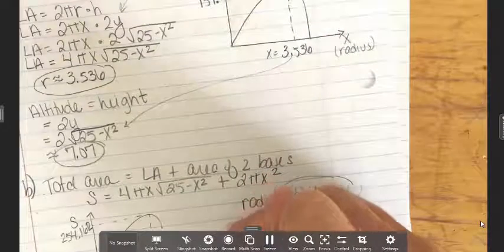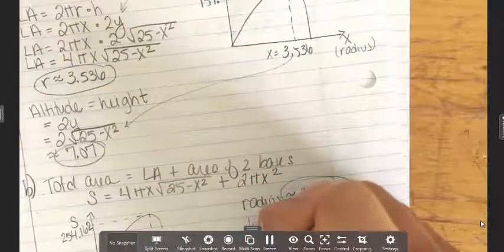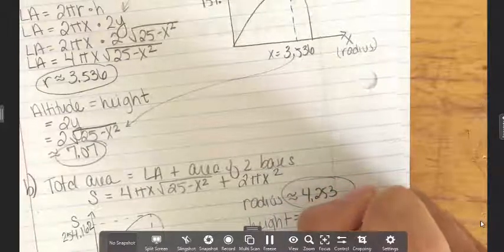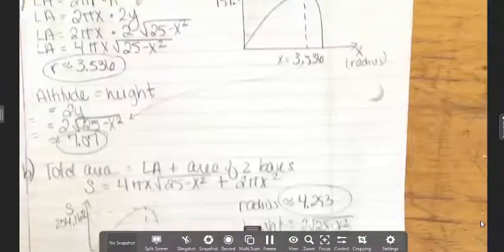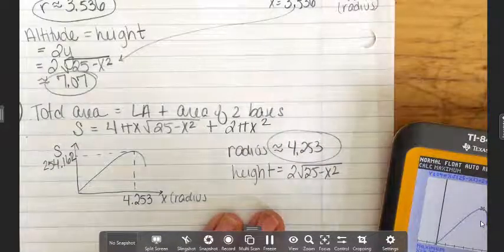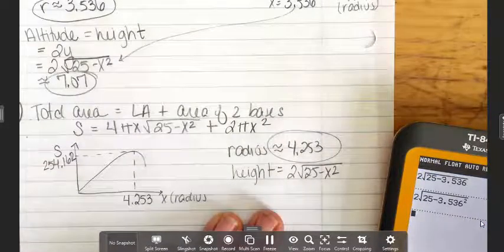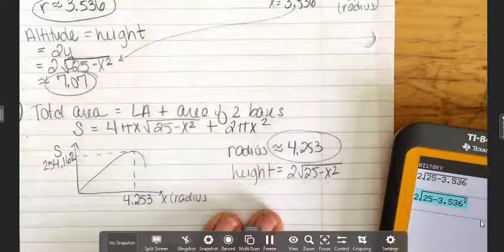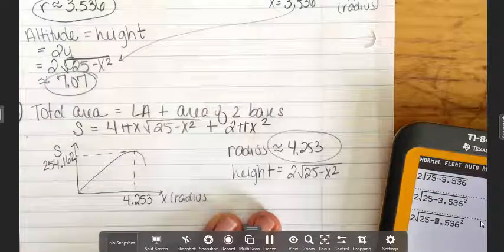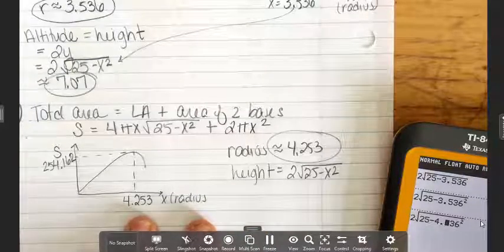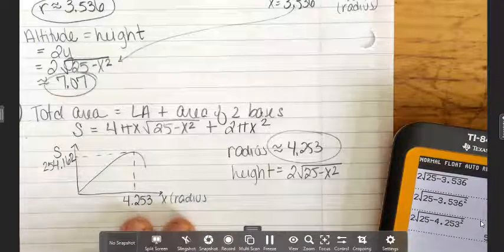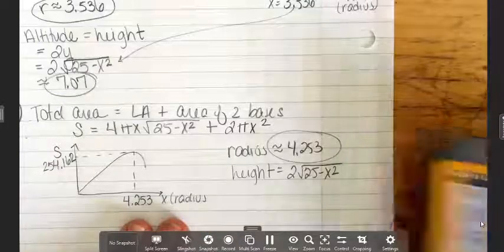So our height is going to be 2 times the square root of 25 minus x squared. Going back into my calculator, I'll take this exact same equation and replace this number with 4.253. That should work, and I get 5.258.